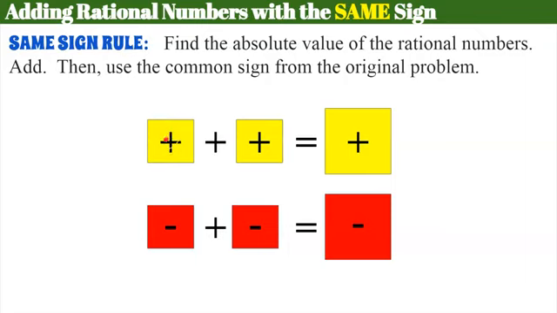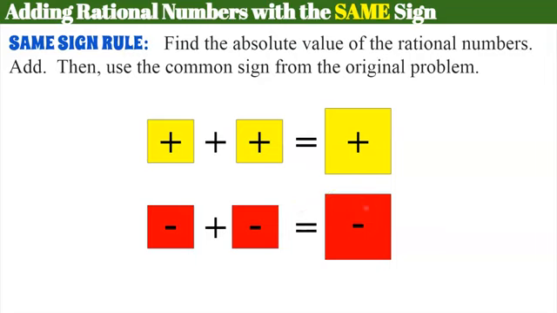So if I have a positive, add a positive, I get a larger positive. If I have a negative plus a negative, I get, and this is kind of different, it seems like a larger negative, but remember it's actually a smaller negative, but it's a larger absolute value. So even though the absolute value is increasing, the negative is actually smaller.